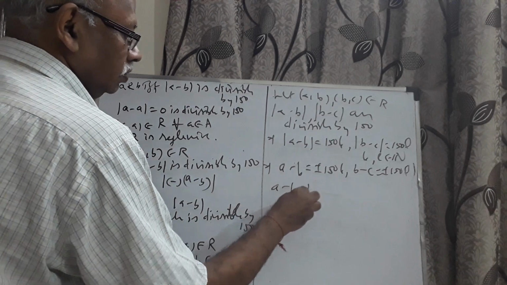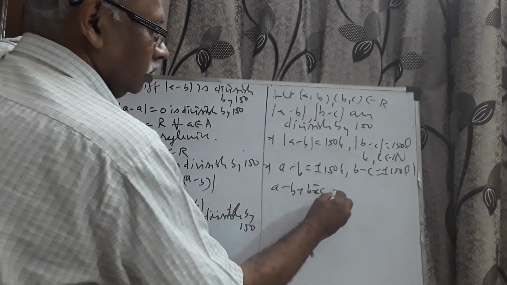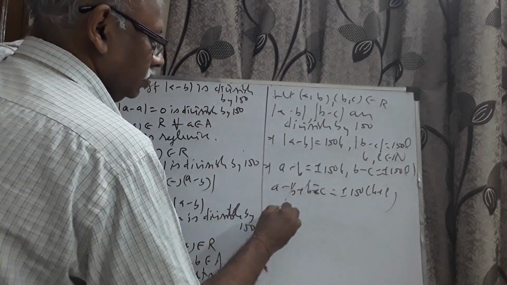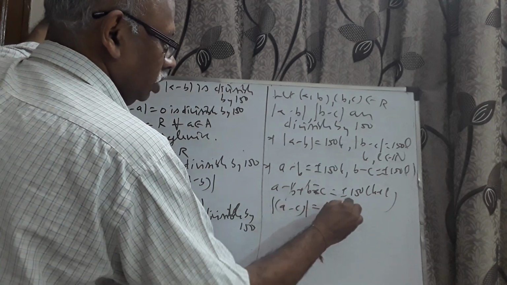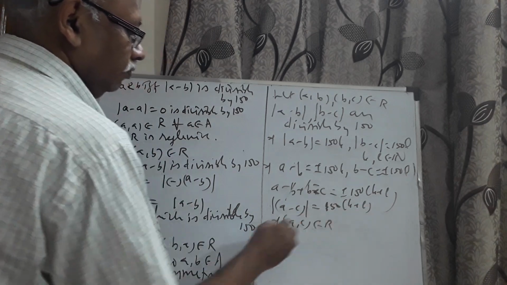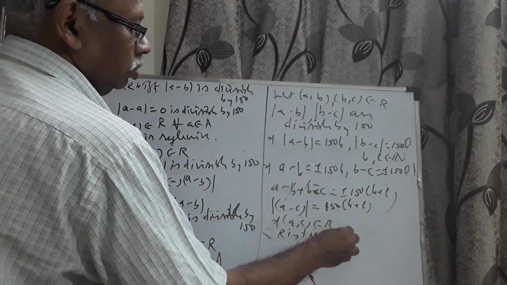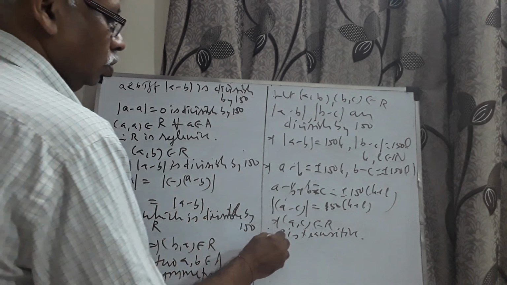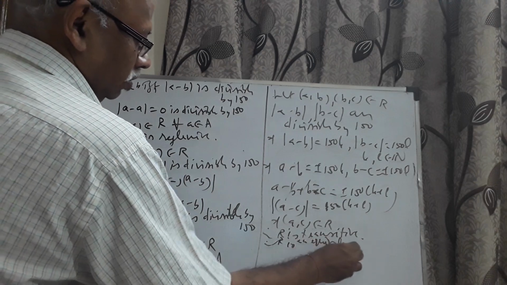Now add the results: a minus b plus b minus c is equal to plus or minus 150 into (k plus l). Here b gets cancelled. a minus c, or mod a minus c, is 150 into (k plus l), which will imply (a, c) is an element of R. Therefore, R is transitive. Therefore, you can write: R is reflexive, symmetric, transitive. Therefore, R is an equivalence relation.